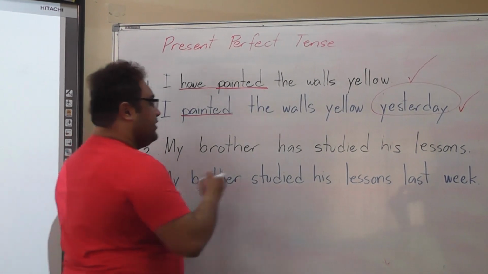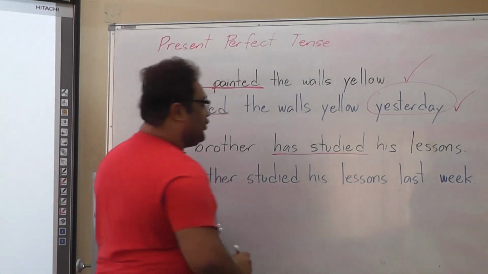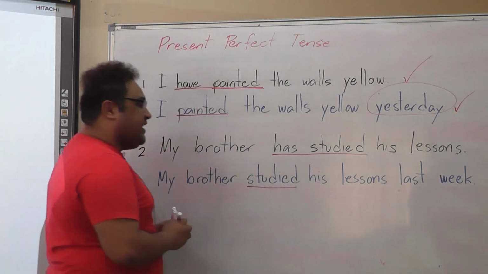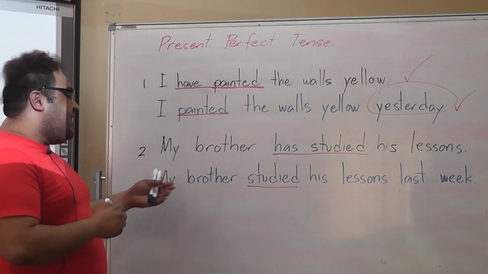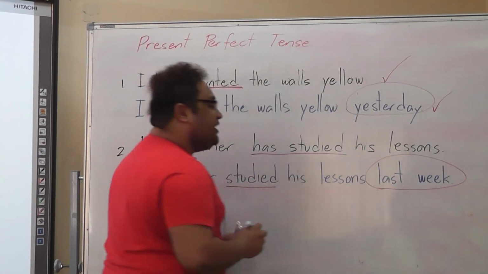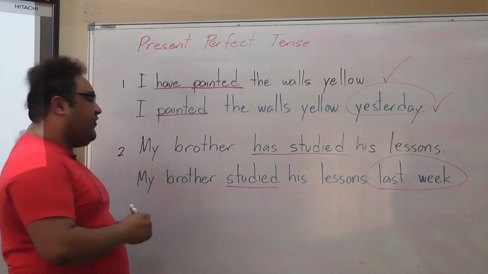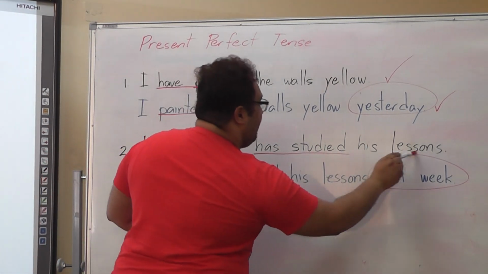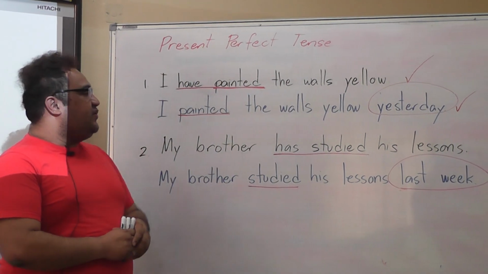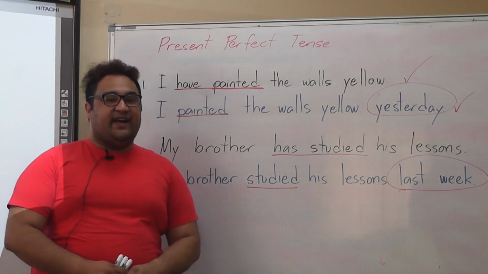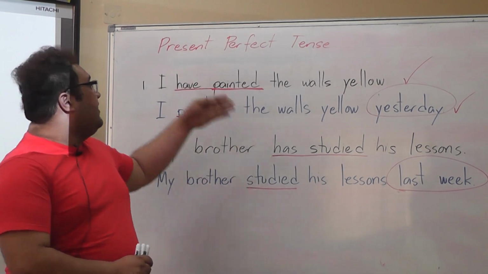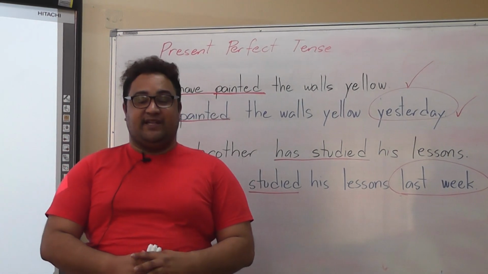Take note that in the second sentence, there is a specified time, which is last week, but there is no specific time in the first example. So, I have painted the walls yellow. My brother has studied his lessons. Both these sentences make use of the present perfect tense.